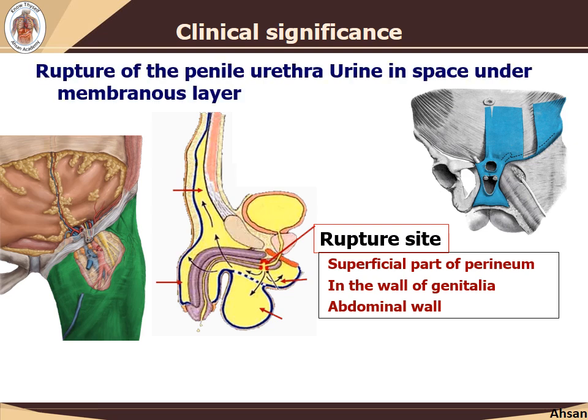So with rupture of the penile urethra, urine in the space deep to the membranous layer, this is the root. It will collect in the superficial part of the perineum, in the wall of the genitalia, meaning penis and scrotum, and labia majora in the female, and the lower part of the abdomen.